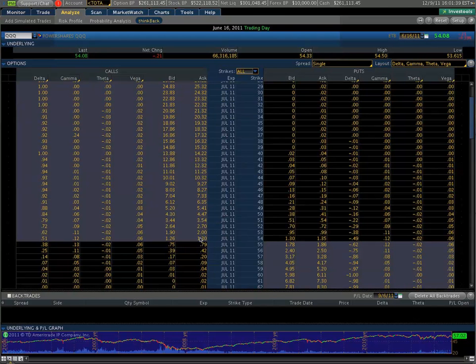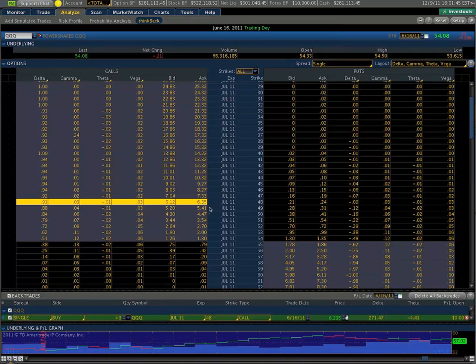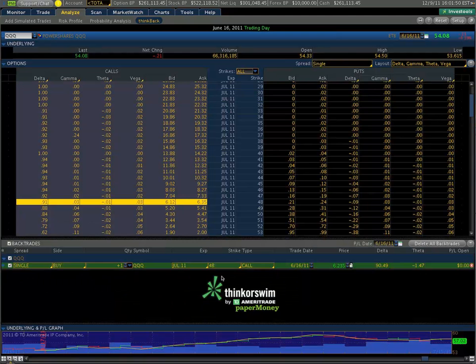What I want to do is buy some delta. I like to buy 88 or 90 delta. So I'll go with the 48, and let's just buy one contract here of the Qs for July expiration at $6.23.5, which is the midpoint between the $6.12 bid price and the $6.35 asking price.